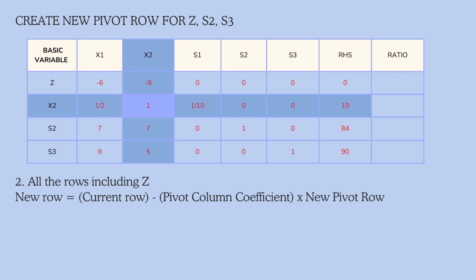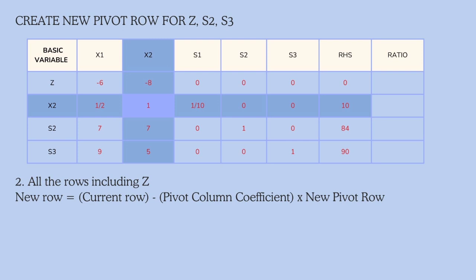Then, yung pivot column coefficient, for Z, is negative 8. Kung sa S2 naman, ang magiging pivot column coefficient naman natin is 7. Then, new pivot row is yung 1 half, 1, 1 over 10, 0, 0, 10.